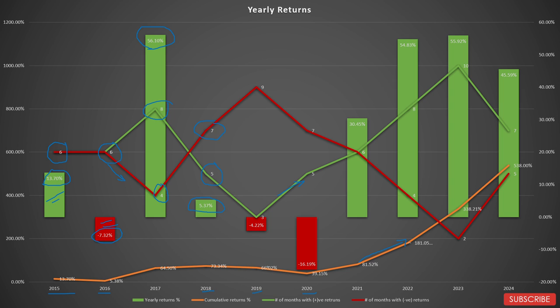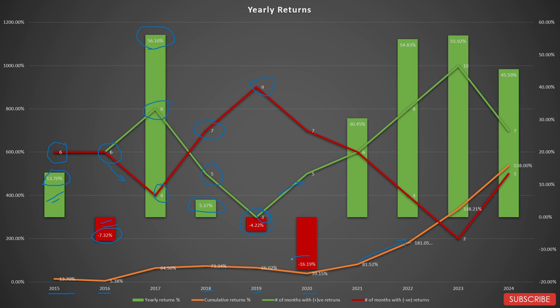2019 and 2020 proved to be bad years for this sector. In 2019, the sector gave negative returns of minus 4.22%, with 9 months giving negative returns and only 3 months giving positive returns. 2020 was even worse, but understandably so because of the COVID restrictions and lockdown.